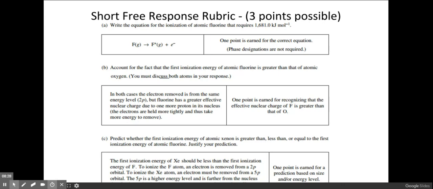The first electron removed from xenon is much farther from xenon's nucleus than the electron that is removed from the fluorine atom, and therefore the first ionization energy should be much less for xenon because of distance from the nucleus, because we're really looking at sort of a down a group pattern, and that's a distance from the nucleus justification.